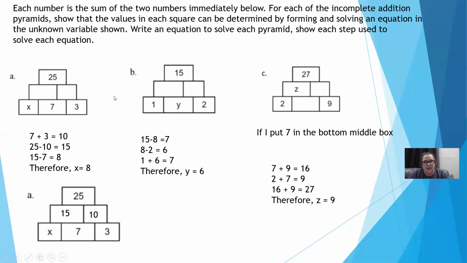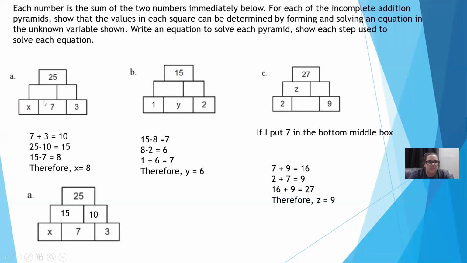I love these. I am a big Sudoku fan, so I feel like this is kind of like a puzzle like Sudoku and all these puzzles that I do on my phone for fun. So it said for each number is the sum of the two numbers immediately below. For each of the incomplete addition pyramids, with the unknown variable shown, write an equation to solve each pyramid, show each step used to solve each equation.